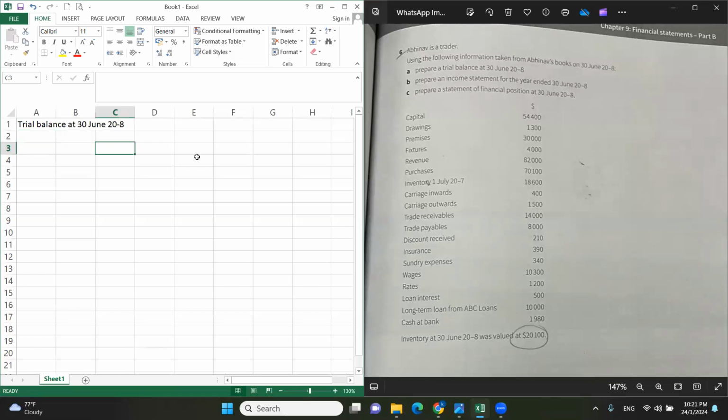So the items in here we have, let me put in the number first.